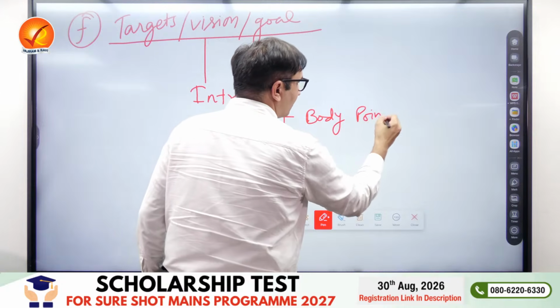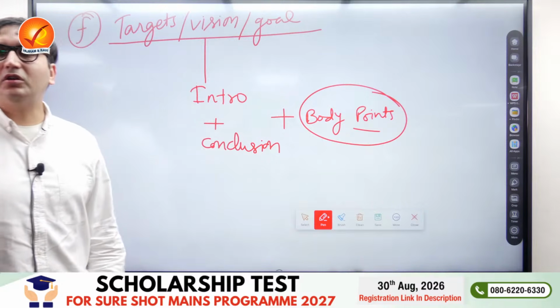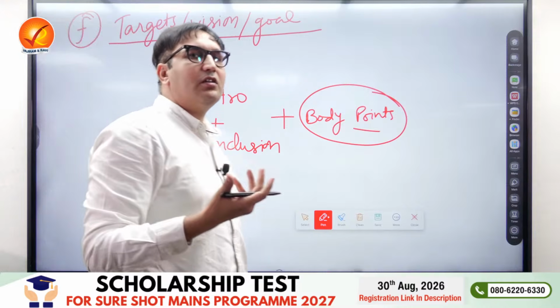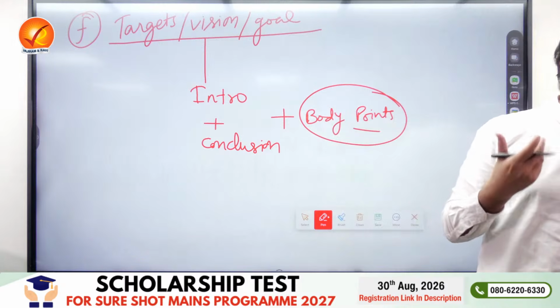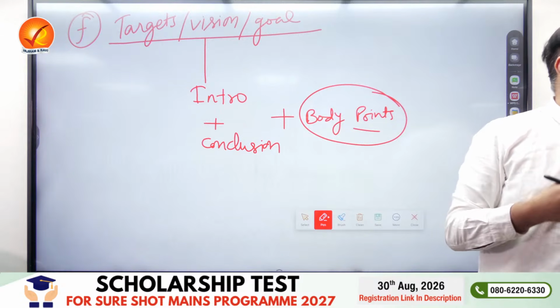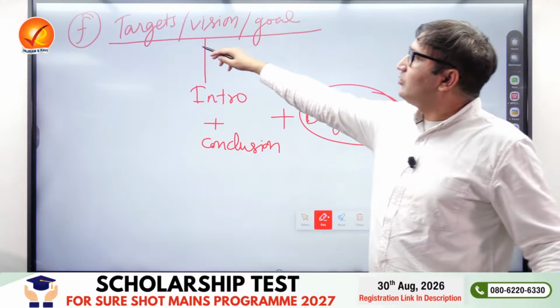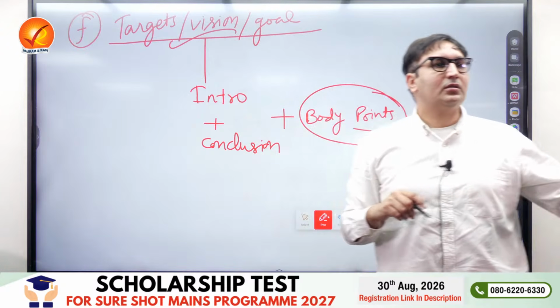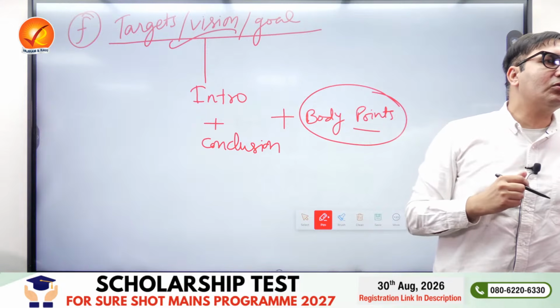body points, right? Let us say you want to have variety in your introduction, and you want to start with, for example, why this particular topic or particular scheme or particular area is significant, why this particular step is significant. You can start with the target, goal, vision in that area, right? That will be a significance-based introduction.